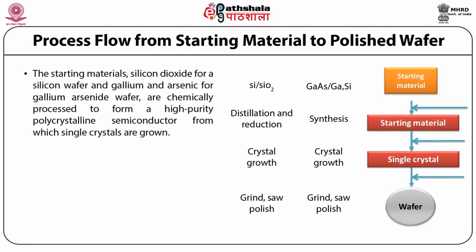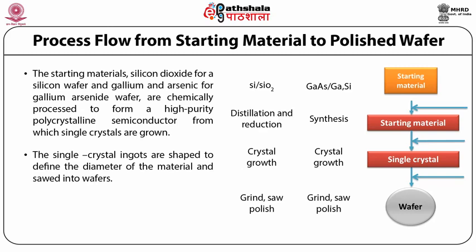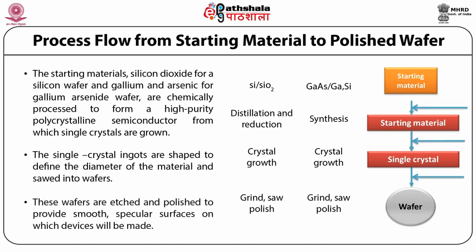Starting materials, silicon dioxide for a silicon wafer and gallium and arsenic for a gallium arsenide wafer, are chemically processed to form a high purity polycrystalline semiconductor from which single crystals are grown. The single crystal ingots are shaped to define the diameter of the material and sawed into wafers. These wafers are etched and polished to provide smooth, specular surfaces on which the devices will be made.